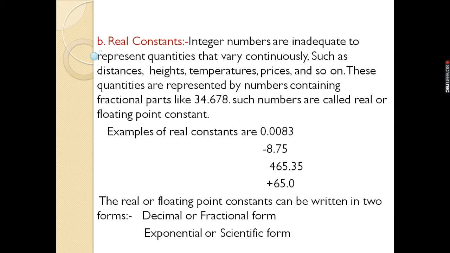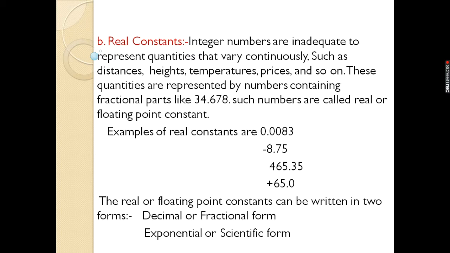Next, real constants. Integer numbers are inadequate to represent quantities that vary continuously, such as distances, heights, temperatures, prices and so on. These quantities are represented by numbers containing fractional parts like 34.678.